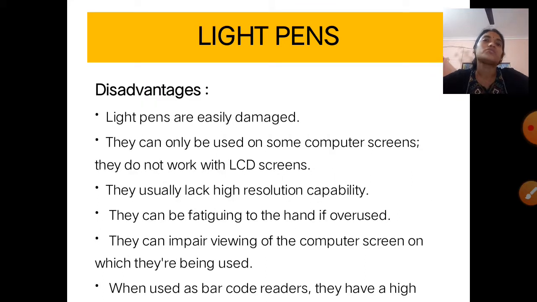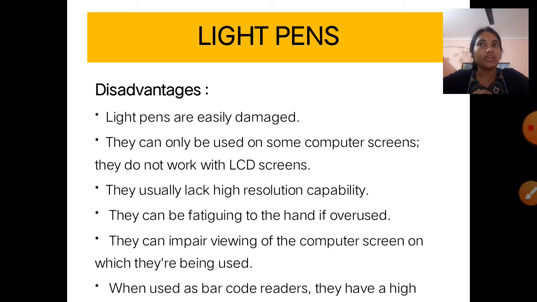Let us discuss what the disadvantages are. Light pens are easily damaged. They can only be used on some computer screens. They do not work with LCD screens. They usually lack high resolution capability.